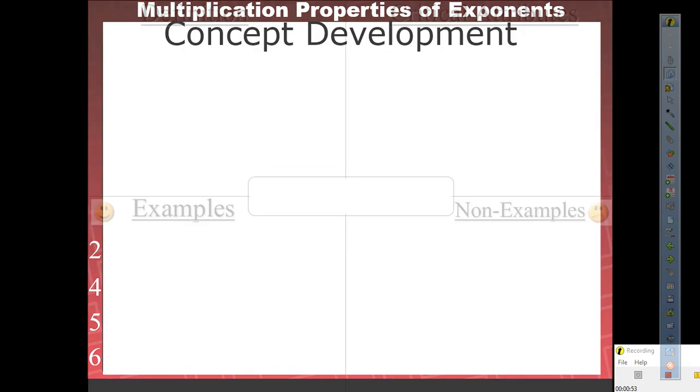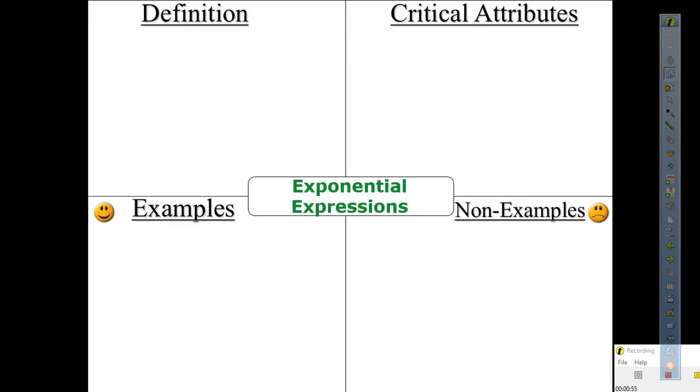Exponential expressions, what are they? Exponential expressions are a numerical or variable expression raised to a power greater than 1. A numerical or variable expression raised to a power greater than 1.